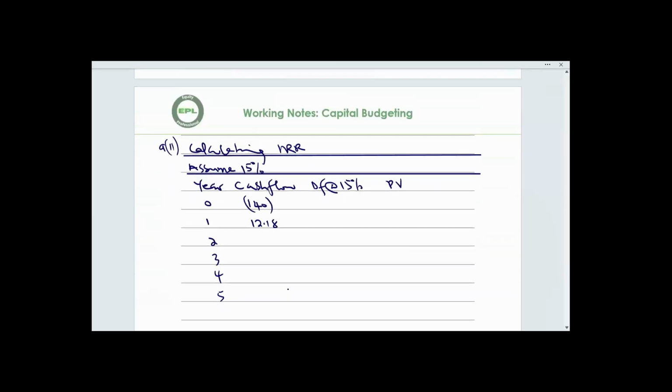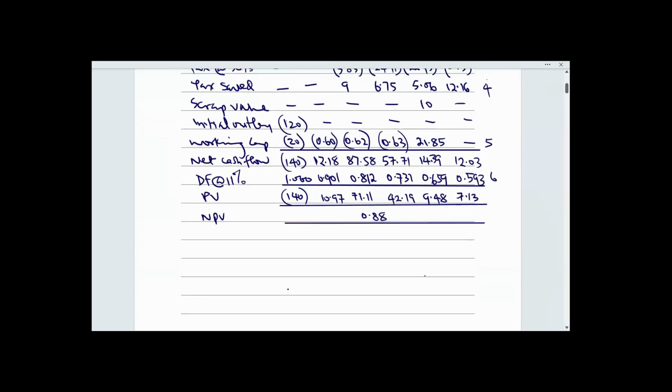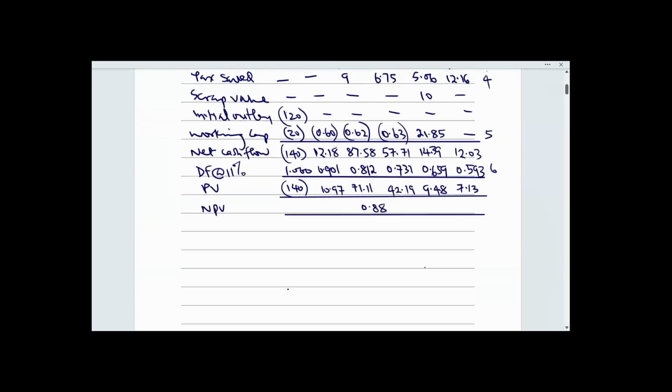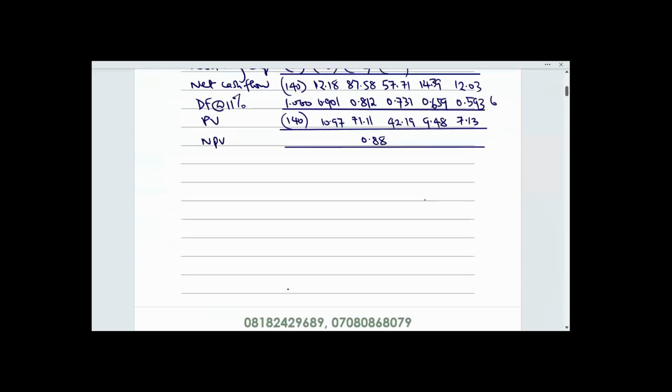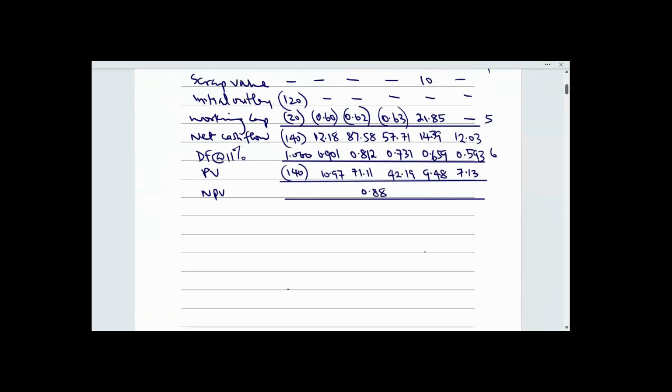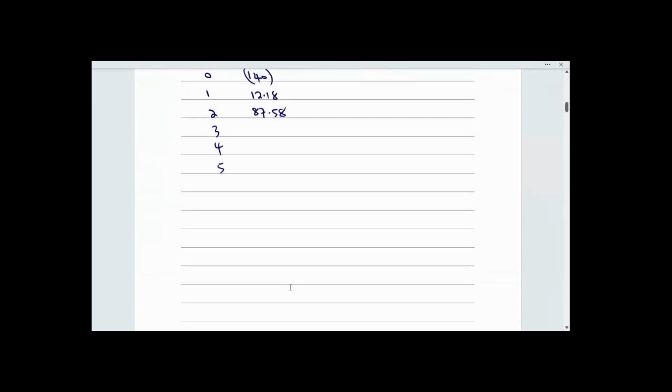Net cash flow of year 2, 87.58. Year 3, 57.71.